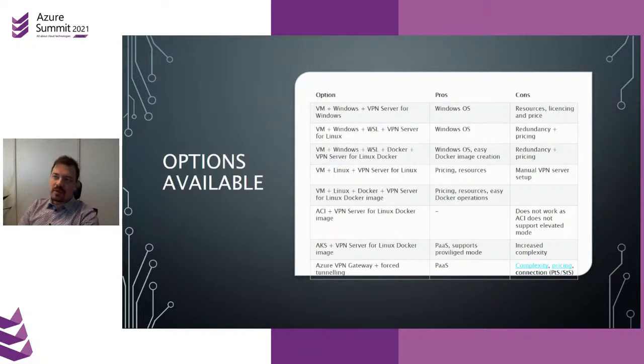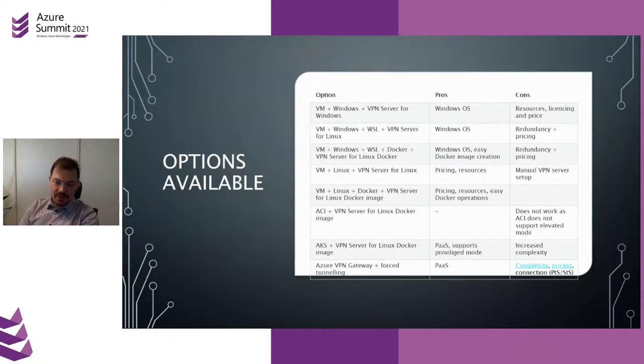Also, when we talk about Azure, we might think about a platform as a service option available, which is called ACI, Azure Container Instances. And actually, this is the first question I was asked when I presented this solution to my friends, for example.